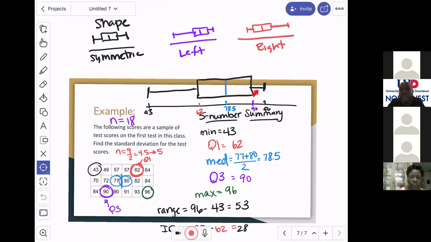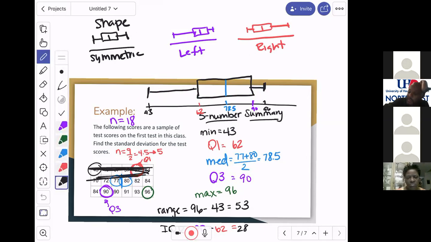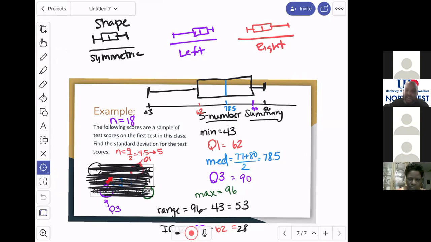So here's what I really want to know then. Can you tell me the mean of this distribution just from the box plot? Like if we didn't have any of this right now, can you tell me the mean?